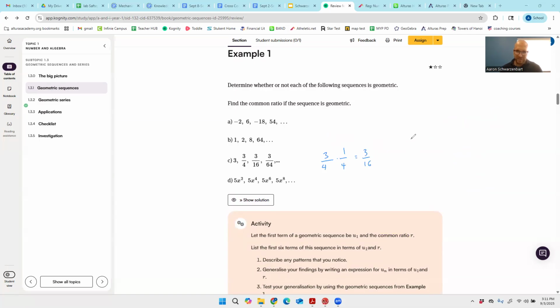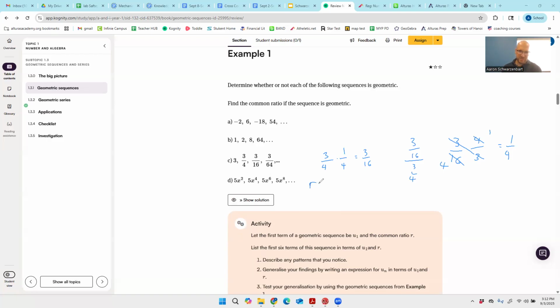If you couldn't find it, you could do 3/16 divided by 3/4. That feels harder in this case, and then I'm cross-reducing here. Now I would need to check it for all of them. I can check that multiplying by 1/4 does work too.